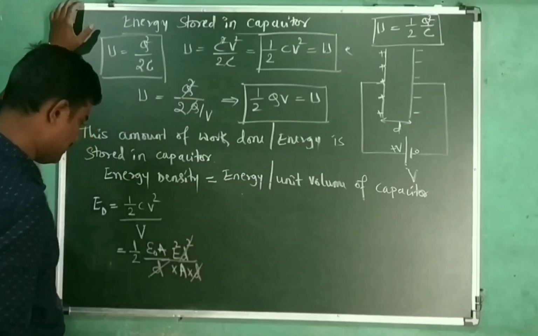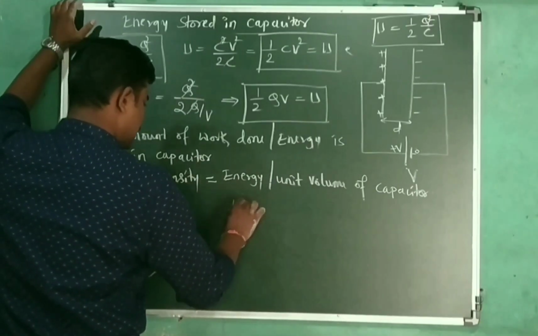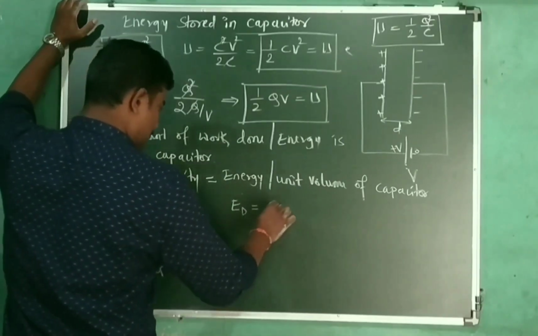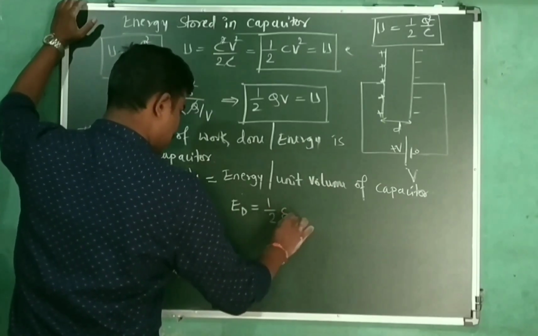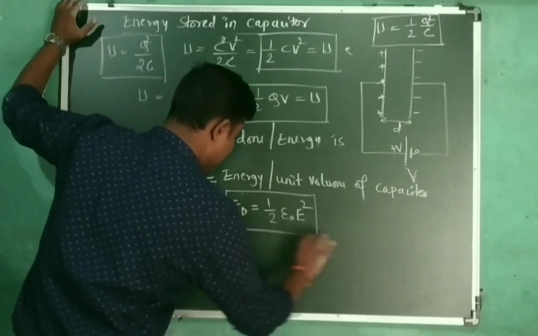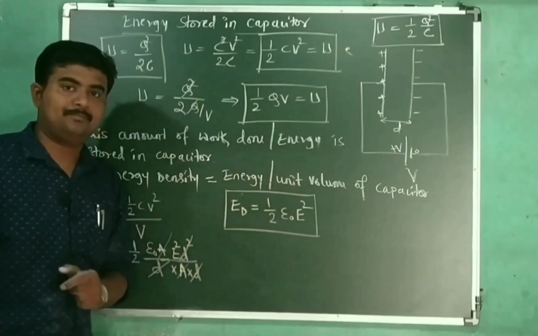D square is cancelled. A is also cancelled. What is remaining? Energy density is equal to 1 by 2 epsilon naught E square. This is the energy density formula, that is energy per unit volume.